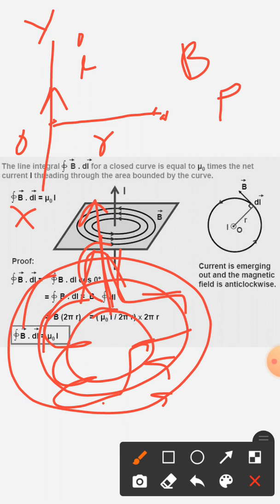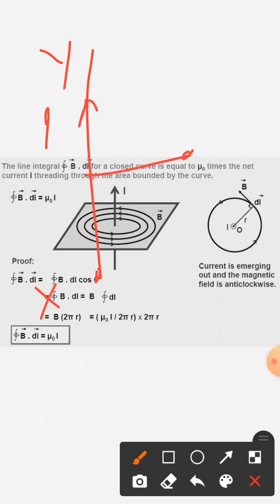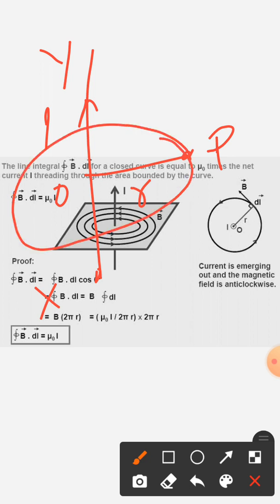So in an easy way we can see here the wire XY, the current I, this is our point P which is taken into account. So the direction of the magnetic field is circular in this manner.